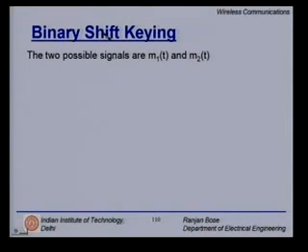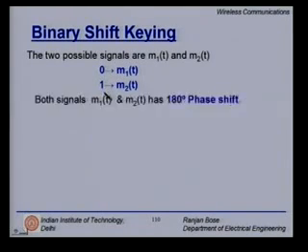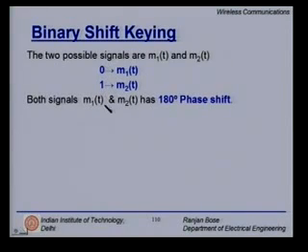So what is binary phase shift keying? Let us consider two possible signals, m1(t) and m2(t). Now 0 represents m1(t) and 1 represents m2(t). So if I have a string of 1s and 0s, I send m1(t) whenever a 0 is encountered and m2(t) when a 1 is encountered. But in our case, binary phase shift keying, both signals m1(t) and m2(t) have a 180 degree phase shift.